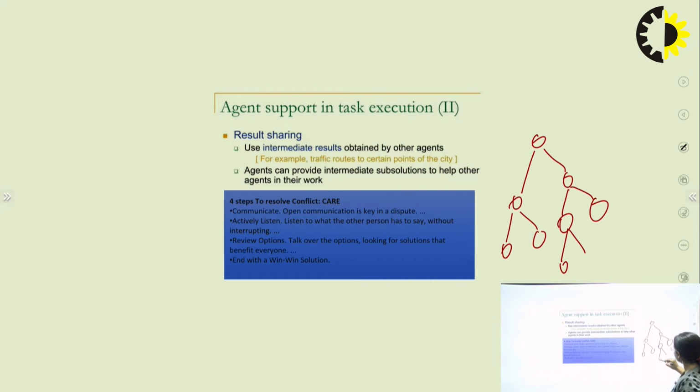Suppose I am stuck at this level. So instead of starting to solve this problem from the very beginning, from scratch, it is recommended that I start from that level of the problem. That means I will start from here. So the coordinator will decide on the help of this agent as well, and it will try to reach up to these levels.